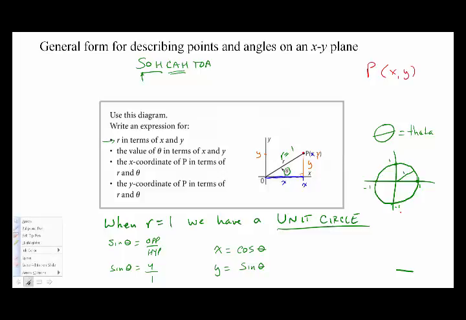So in other words, my P could also be written as cos theta, sine theta. That's assuming that my r is 1.